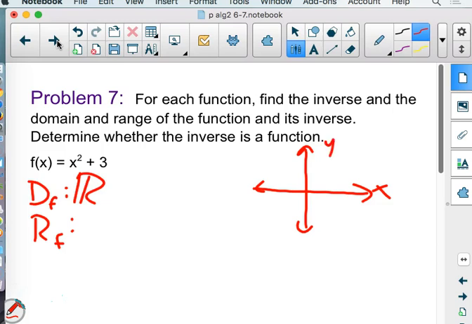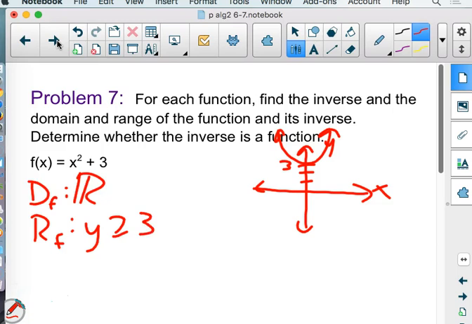X squared is a parabola. What's the plus 3 mean? On the y-axis, we have to go up 3. Now that tells us our range, because what's the lowest y value we're ever going to use? 3. So our y's have to be greater than or equal to 3.